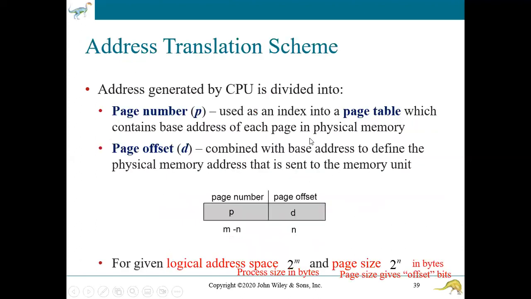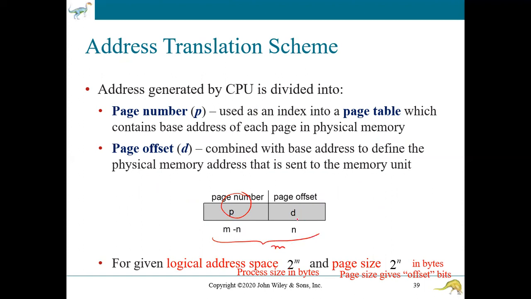Okay, all right. So address translation scheme, like I told you earlier, right? Page number is there and you change it to frame number, and that's it. So you get the physical address. But you're coming from the page table to get that translation. So what you have here is m, the total number of bits.